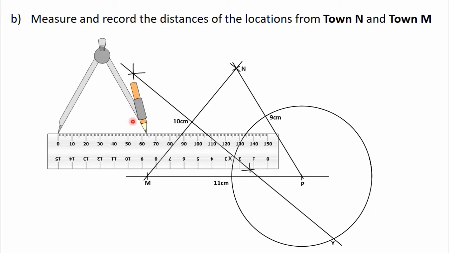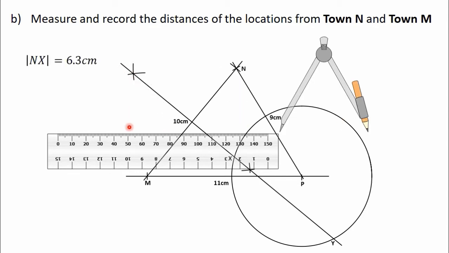Then I'll read where the part of the compass holding the pencil meets the ruler. On my ruler, it meets the ruler at 63 millimeters. 63 millimeters is equal to 6.3 centimeters. So we can say that the length of NX is equal to 6.3 centimeters.